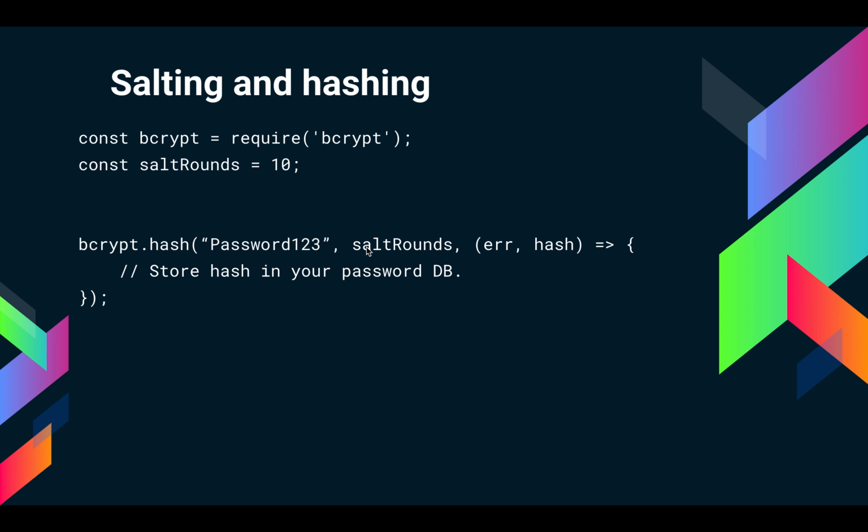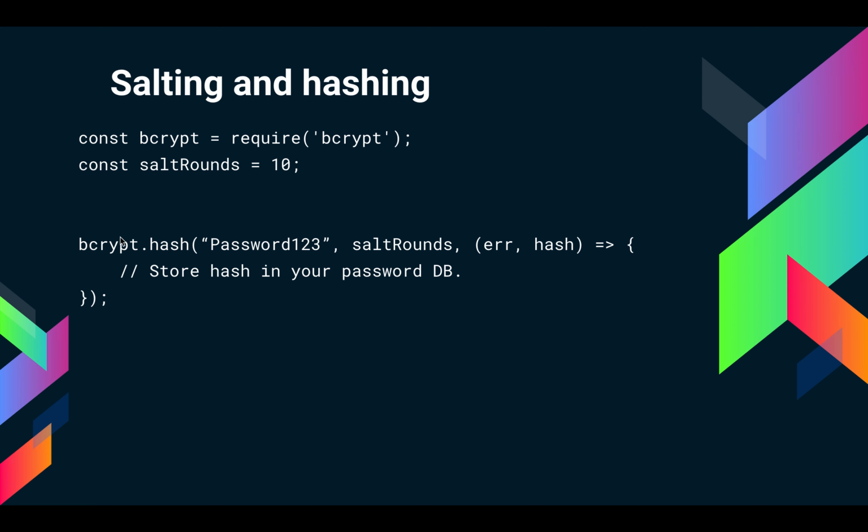Where previously we had salt ABC and then salt DEF, it actually goes through a new salt 10 times before it generates the hash. Arguably the higher the number the better, but like I said, it's deliberately slow. So you don't want to chuck on a million salt rounds every time a user wants to sign up, because that will be very slow. But it's an extra little bit of security.